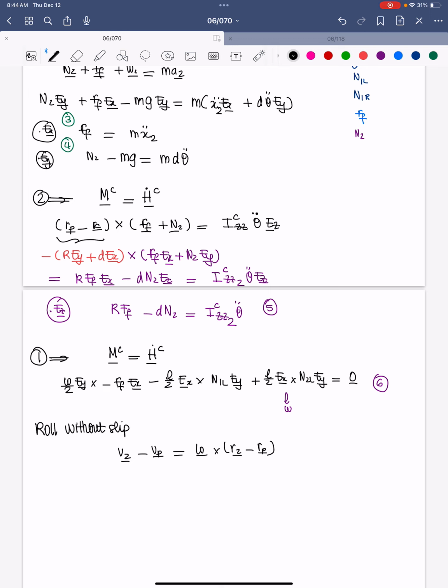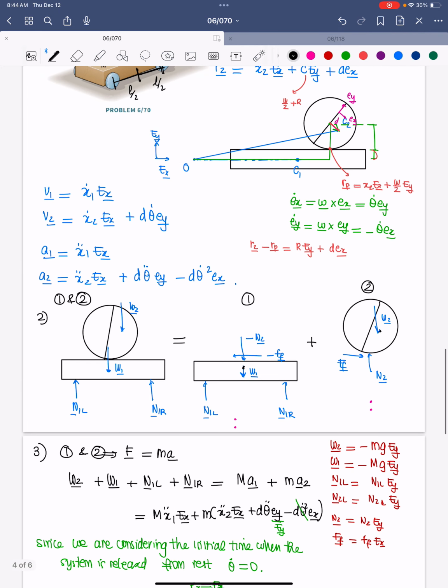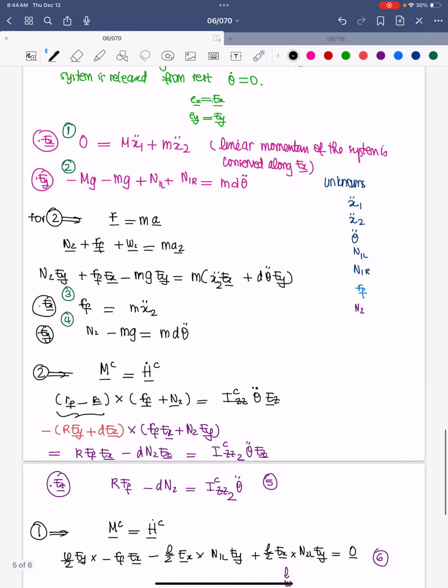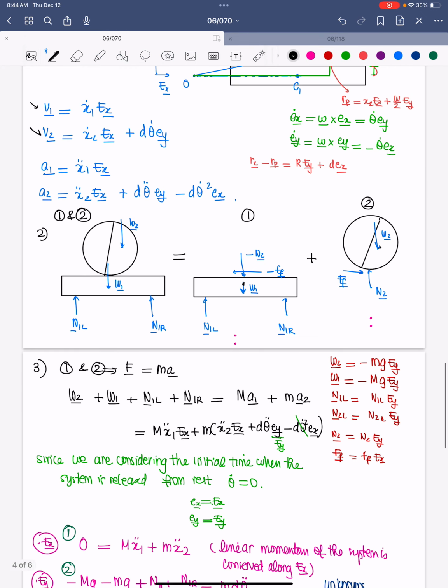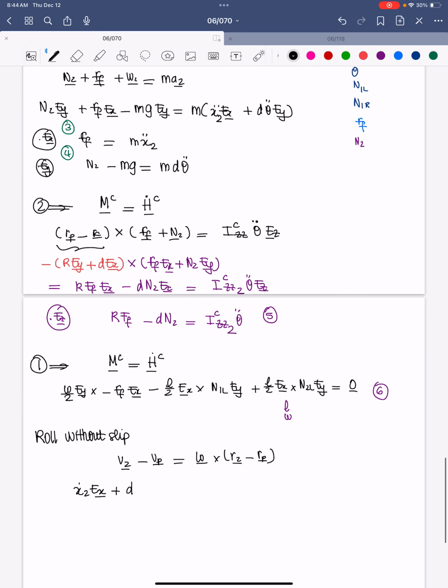So V2 is this and VP is this: x dot 2 EX plus D theta dot EY minus VP, x dot 1 EX, is equal to omega EZ crossed with R2 minus RP, which is R EY plus D EX.